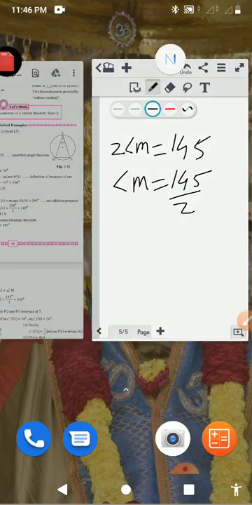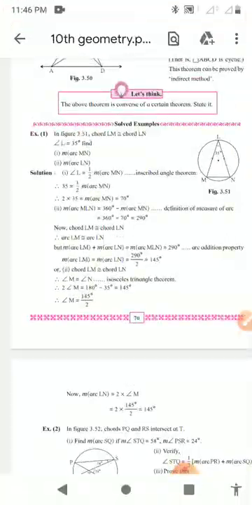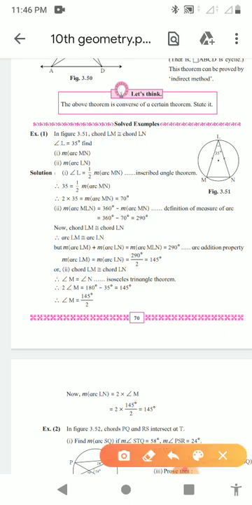Now you will see why I am interested in calculating angle M. If I get angle M, I can calculate arc LN, isn't it? Because the measurement of arc LN is equal to 2 times this angle M. So measurement of arc LN equals 2 times angle M, which is 2 into 145 divided by 2.